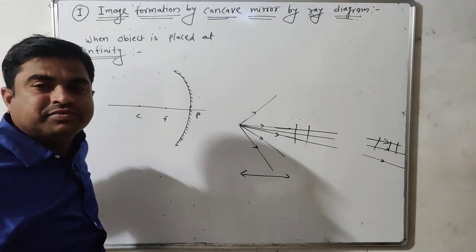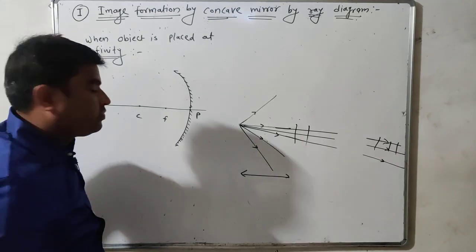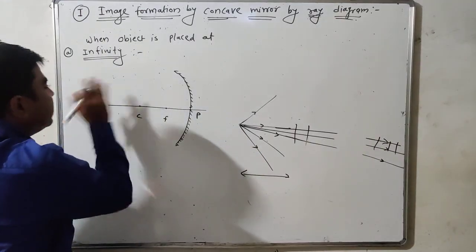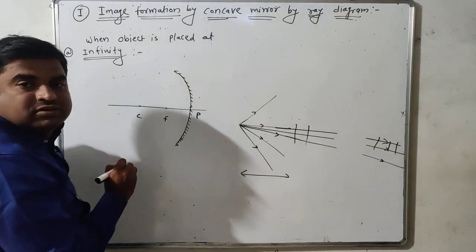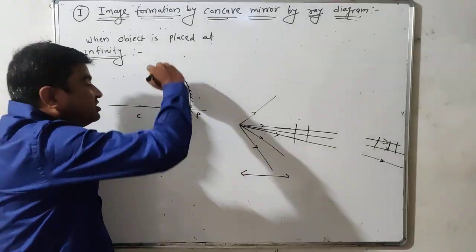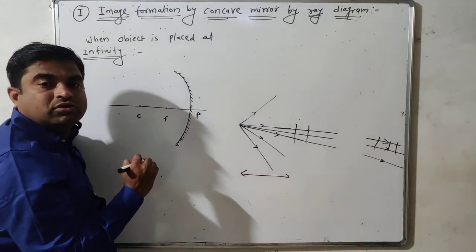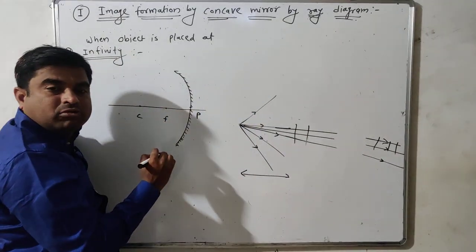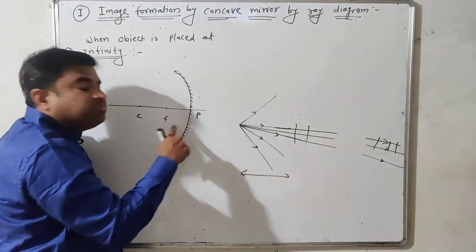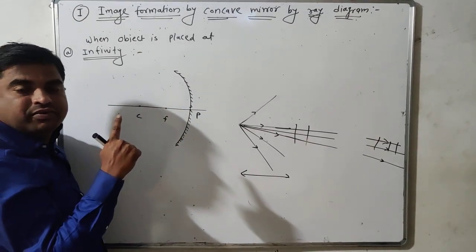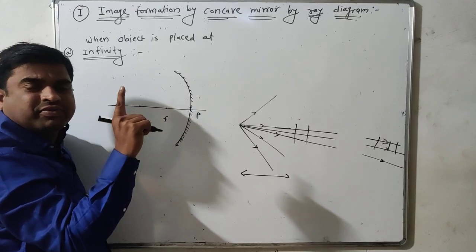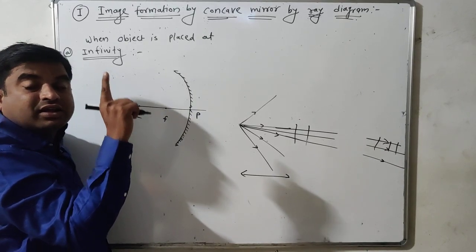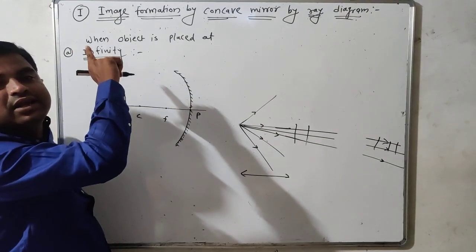Understand? So whenever we see parallel rays incident upon the concave spherical mirror, and if those rays are emitted by a single point object, then the location of that object is exactly at infinity.